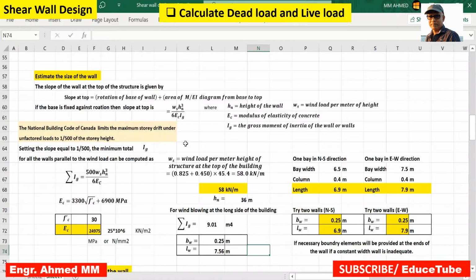Here in Excel, I shall estimate the size of the shear wall. If the wall stiffness is constant over the full wall height and the wall is fixed at the base, also the maximum slope of this wall happens in the top story.